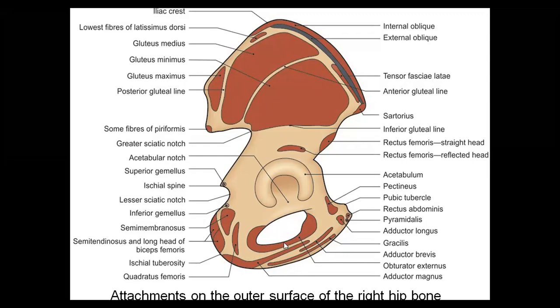The upper border gives attachment, and from outside we have obturator externus. The other muscles I told you, the medial compartment of thigh muscles, take their origin here. We have adductor magnus, which we have seen in the posterior compartment also, coming from the ischial tuberosity as a hamstring. Adductor magnus is also seen going to the medial compartment of the thigh.